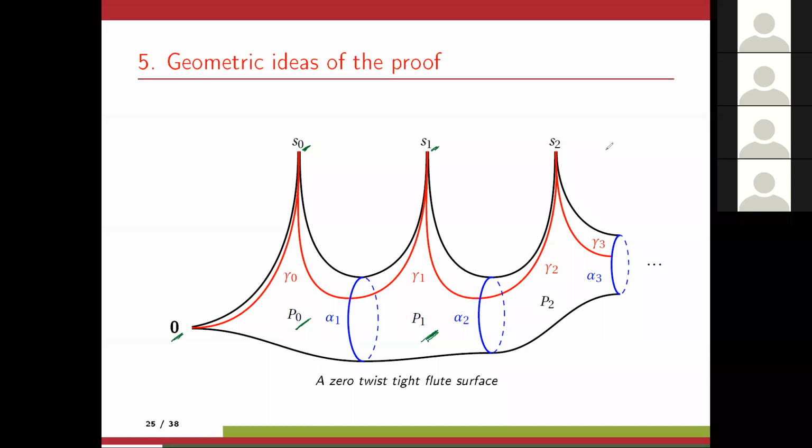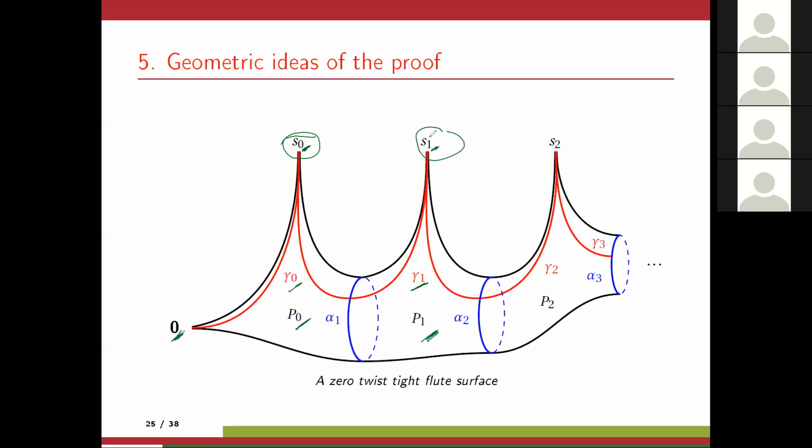Now I'm going to draw on the surface a special geodesic. The first special geodesic is called gamma 0. Gamma 0 is an infinite geodesic having endpoints the puncture 0 and the puncture S0. Now I draw another special geodesic, gamma 0, having endpoints the punctures S0 and S1.